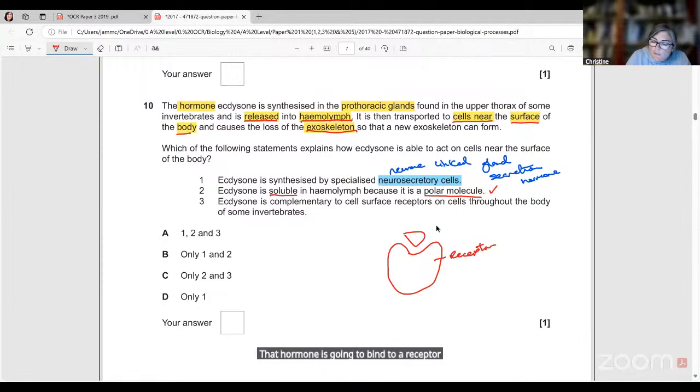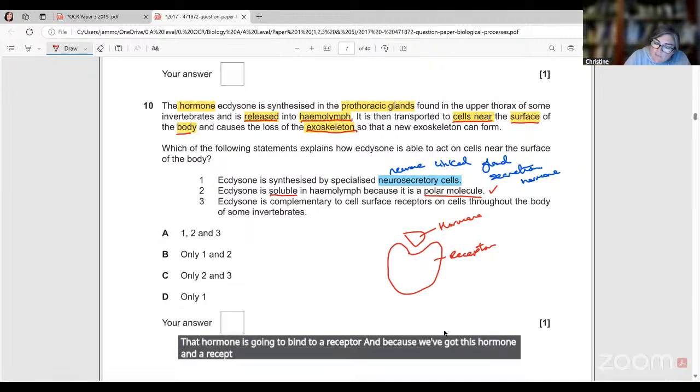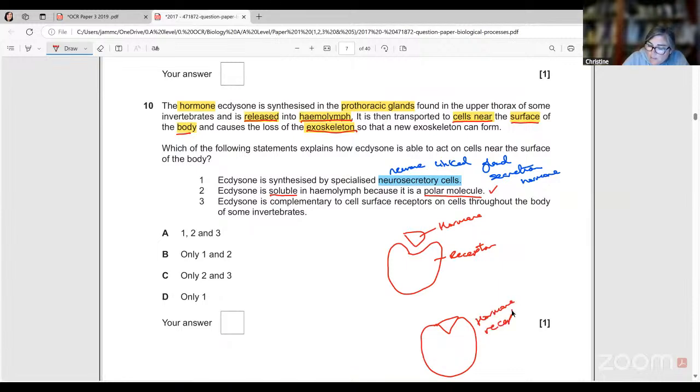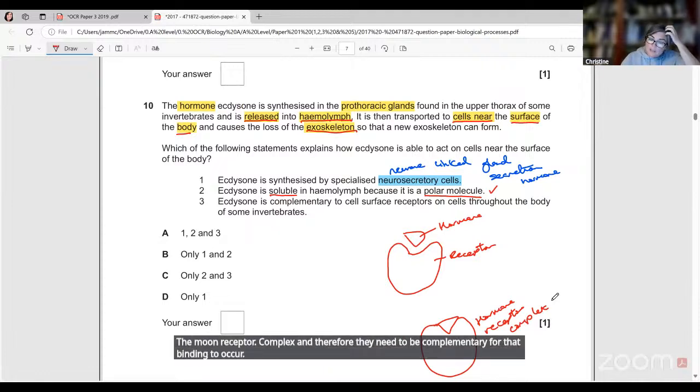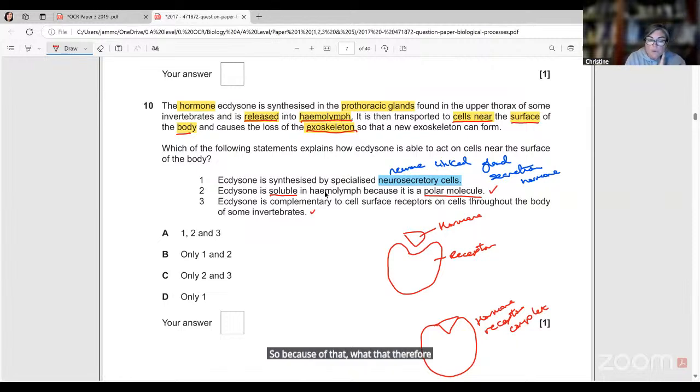And because we've got this hormone and a receptor together, if they bind together, what we end up with is a hormone receptor complex. And therefore, they need to be complementary for that binding to occur. So because of that, this one is also correct.